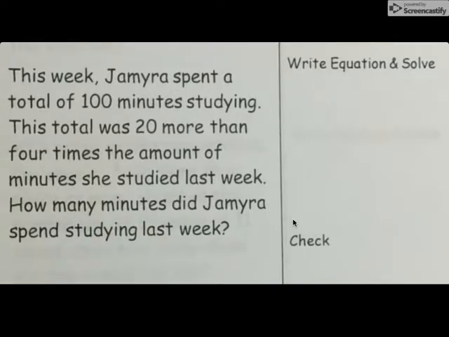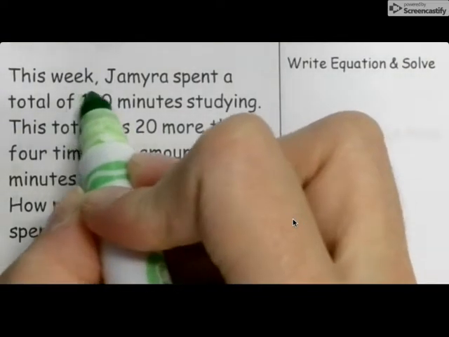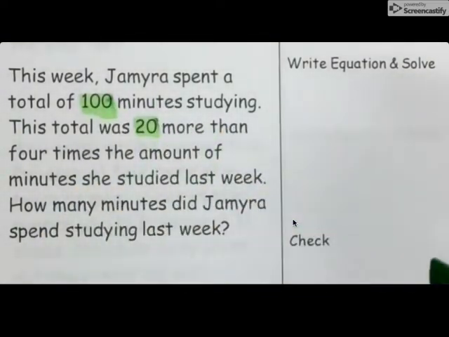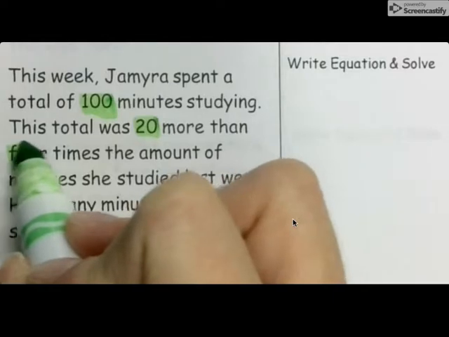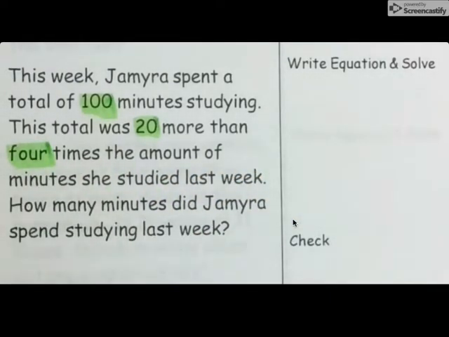So as I'm reading that, I'm going to highlight in the green all of my constants, all my plain numbers. I can always change a color if I need to.